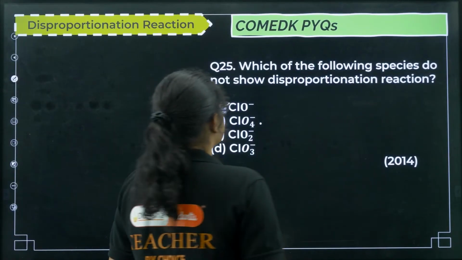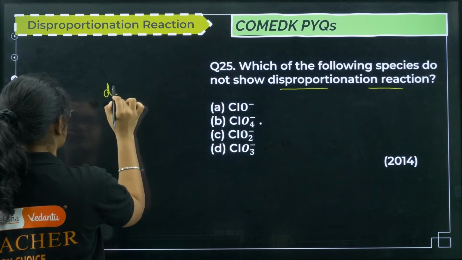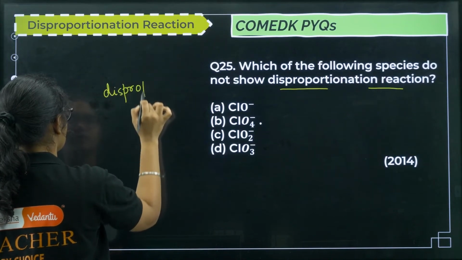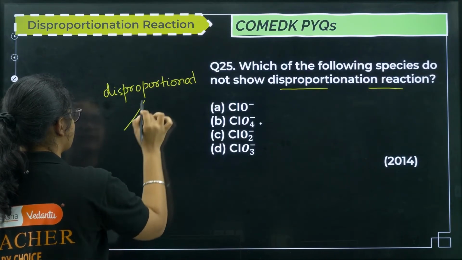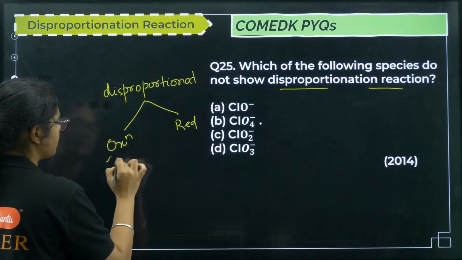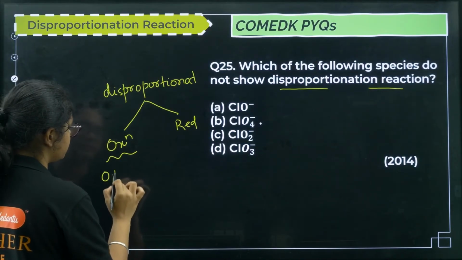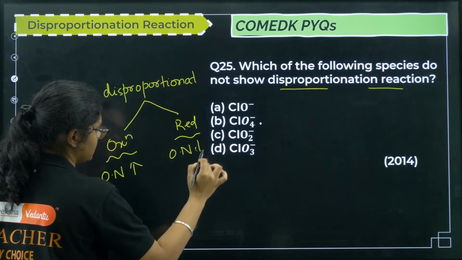Next, which one of the following species do not show disproportionation reaction? So what do you mean by disproportionation reaction? Disproportionation reaction means the same element undergoing oxidation and reduction, right? If same element is going under oxidation, means oxidation number should increase, and reduction means oxidation number should decrease, right?